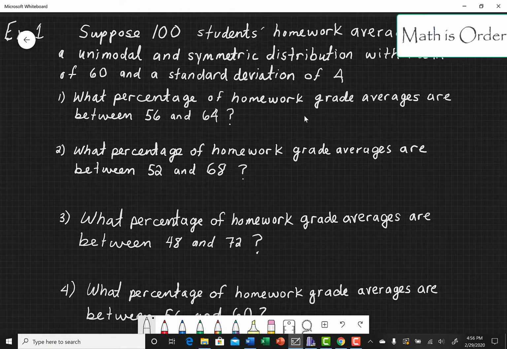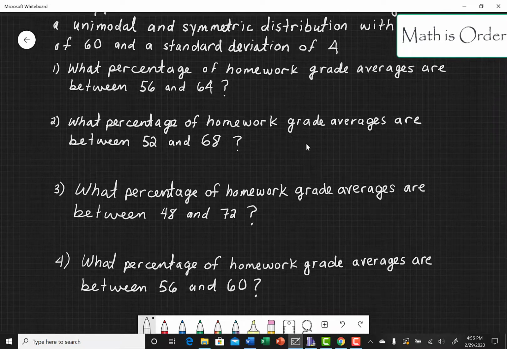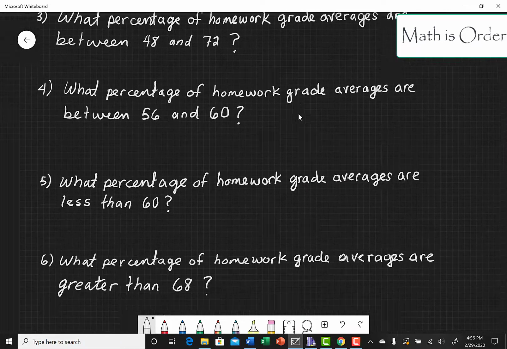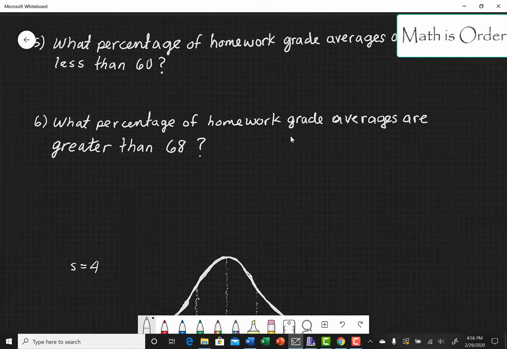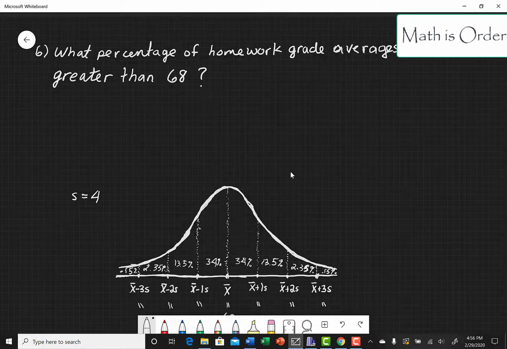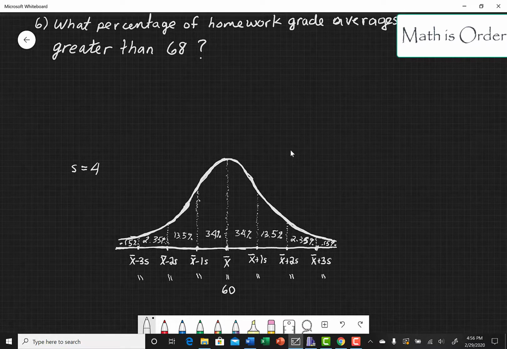So what we're going to do is make a bell-shaped curve. I've made it here, and S represents the standard deviation, X bar represents the mean. We have to fill in all of these values: what is X bar plus S, what is X bar plus 2S, and so on.